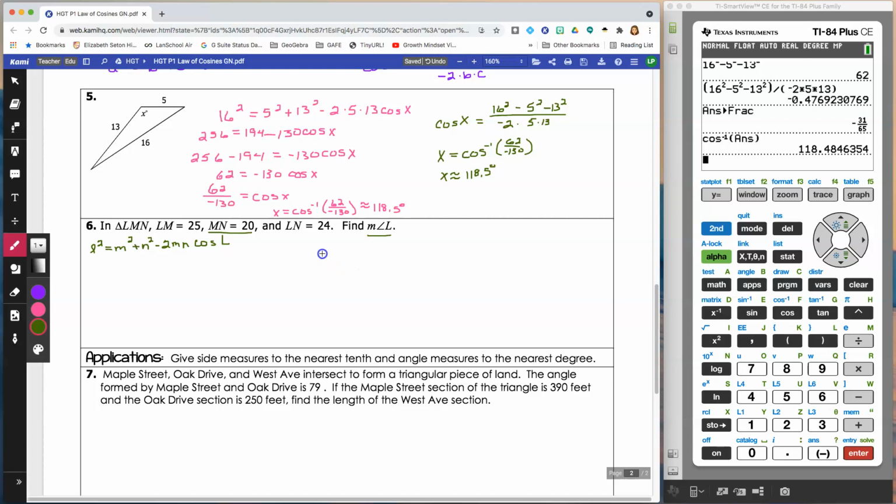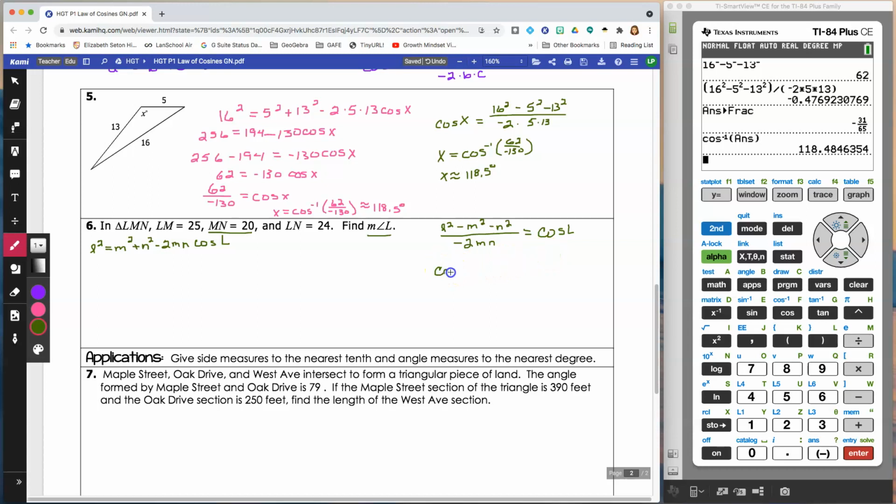Also, you'll remember if you watched my last video or the video before that, when we have a side situation and we're finding an angle measure, there is a shortcut that you can take. In this case, the shortcut would look like this. Little l squared minus m squared minus n squared divided by negative 2 times m times n is going to be equal to the cosine of angle L. And then remember, to find an angle, you use an inverse cosine.